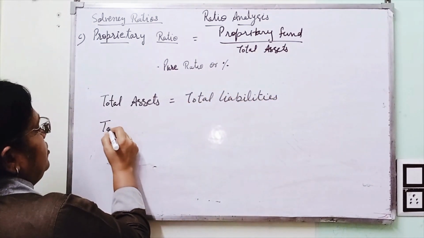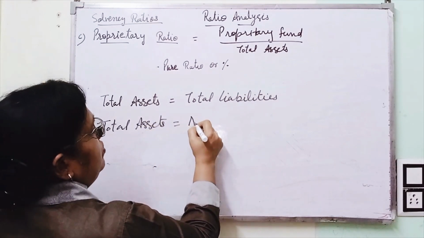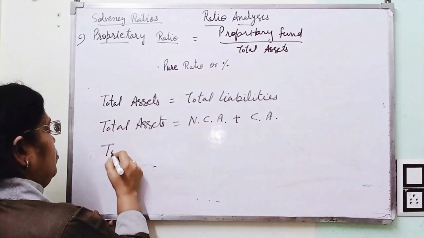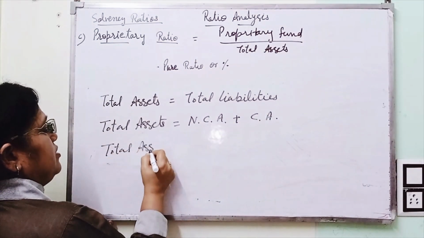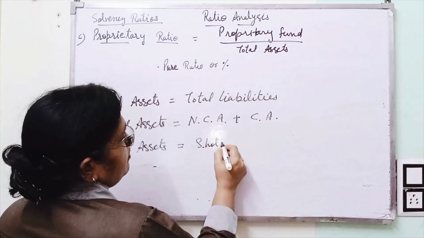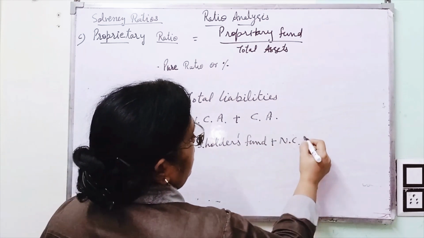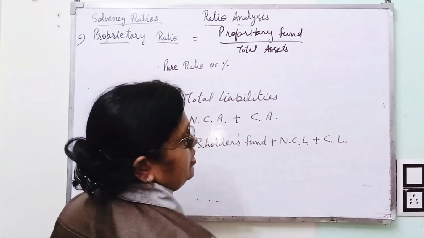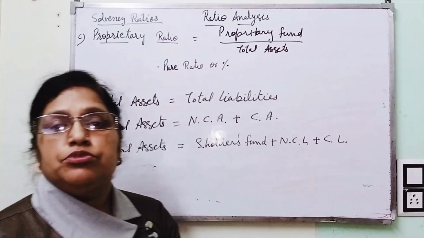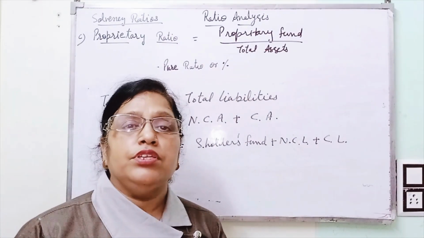Or we can say total assets are equal to non-current assets plus current assets, or total assets are equal to shareholders' fund, non-current liabilities and current liabilities. And the ratio is expressed in terms of pure ratio or in percentage.